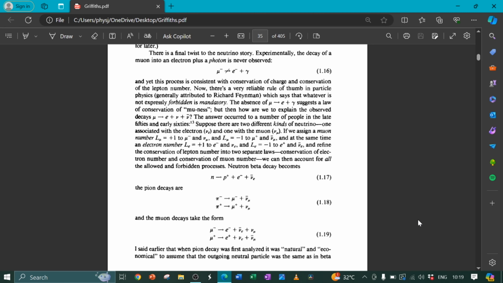Antipion goes to antimuon plus muon neutrino, and the muon decays take the form muon goes to electron plus electron antineutrino plus muon neutrino. Antimuon goes to positron plus electron neutrino plus muon antineutrino.